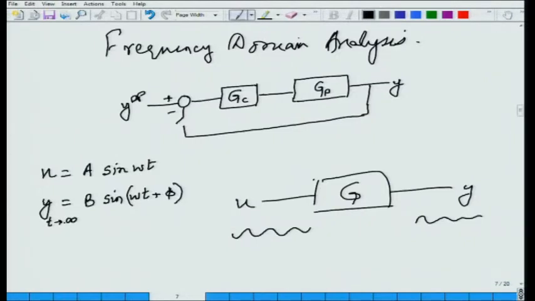The system will settle down into a nice sinusoidal behavior.